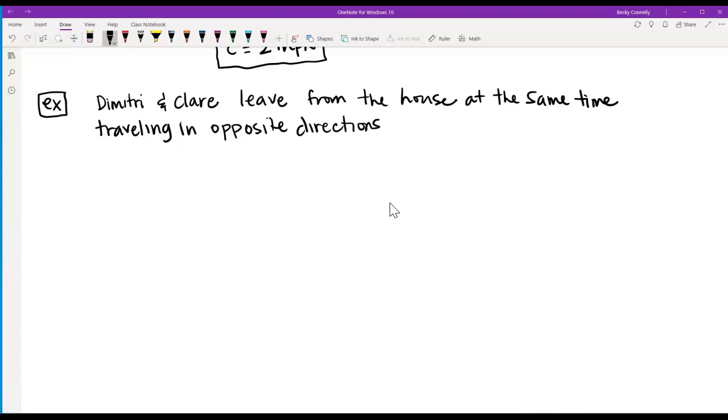Yeah. So we know that Dimitri travels 40 miles per hour, and Claire travels 60 miles an hour.